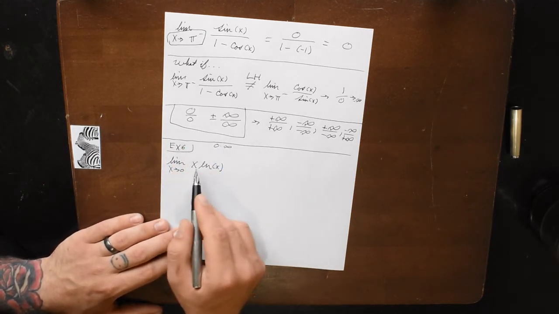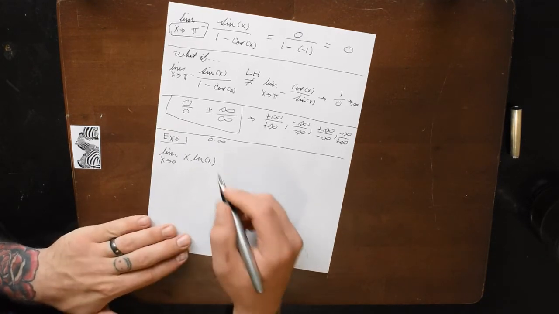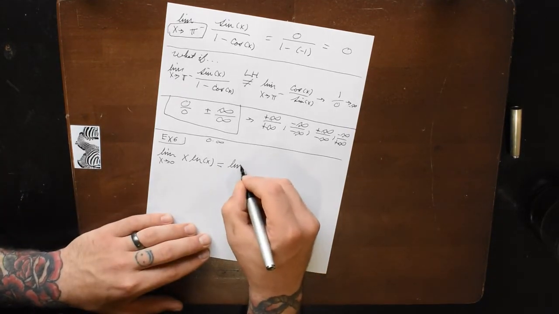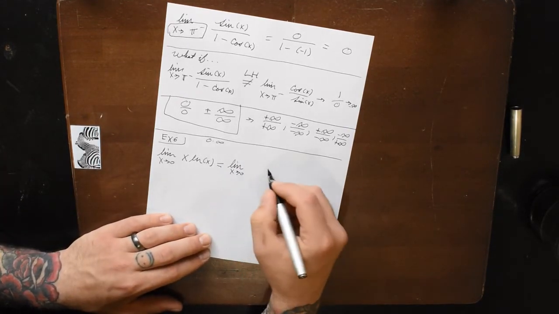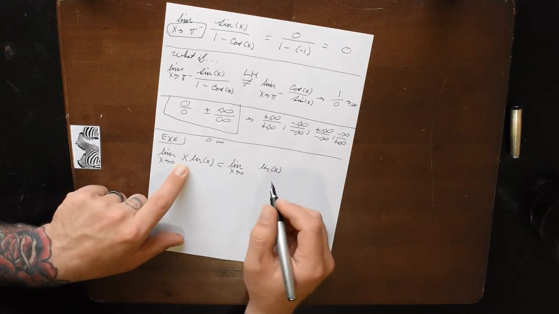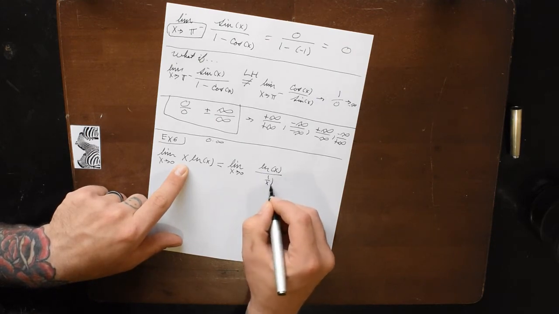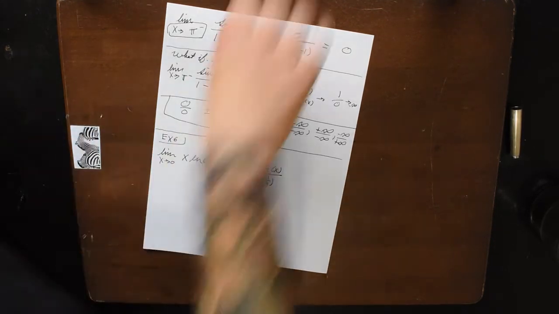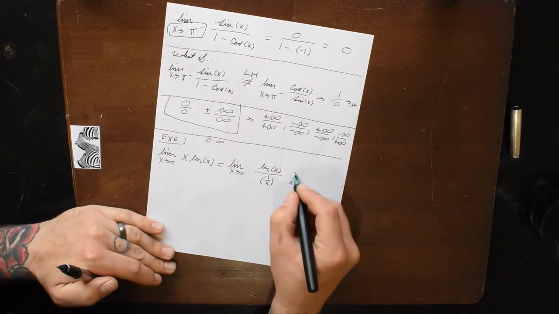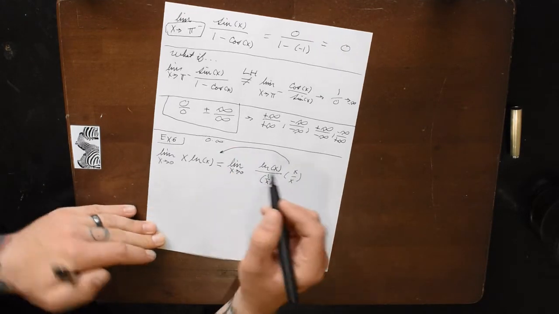We have 2 things being multiplied together, but we can algebraically manipulate this thing. This thing is equal to, just by algebra, the limit as x goes off to 0 of the natural log of x, and multiplying by an x is the same thing as dividing by a 1 over an x. You can convince yourself of that. What happens if we multiply top and bottom by an x? We'll get right back to where we started.